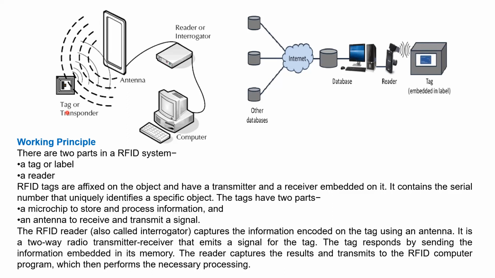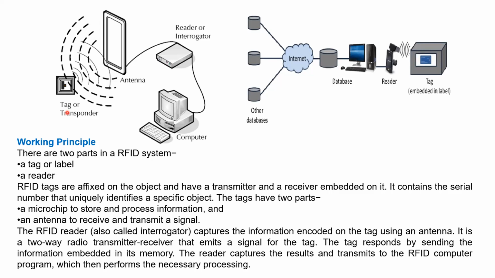The second type of device is called a reader. Sometimes it is also called an interrogator. The reader again consists of an antenna and transmitter receiver. Apart from this, it has what is called a DSP chip, a digital signal processing chip. It is going to process the information and apply it to the computer.